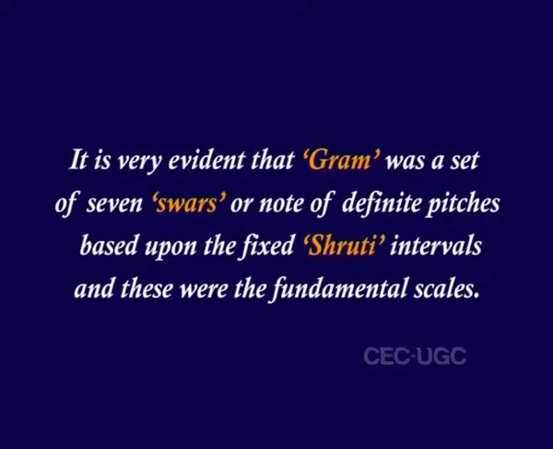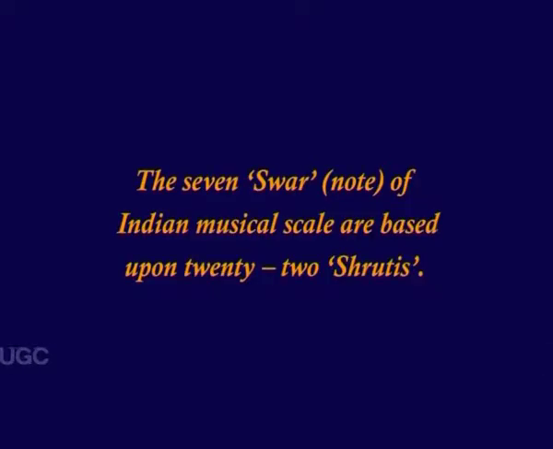It is very evident that Gram was a set of 7 swars or notes of definite pitches based upon fixed Shruti intervals. And these were the fundamental scales. Let me elaborate this. The 7 swars or notes of the Indian musical scale are based upon 22 shrutis.